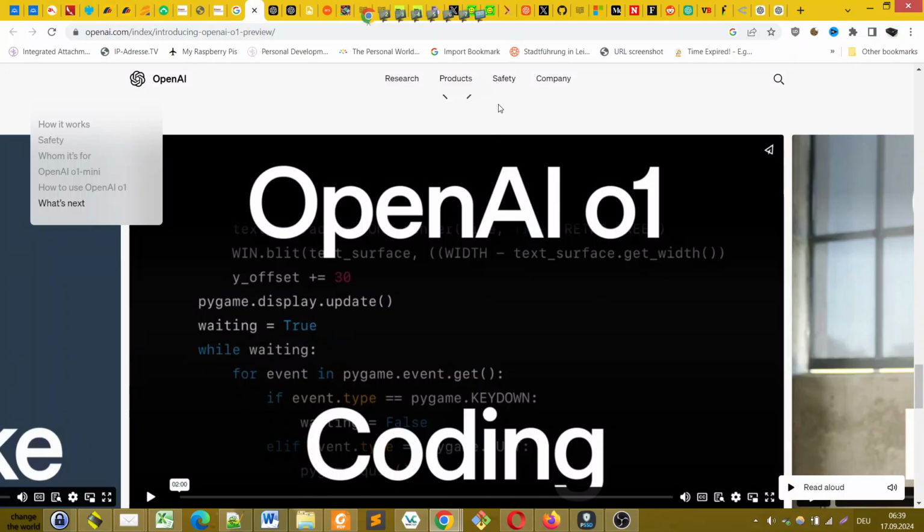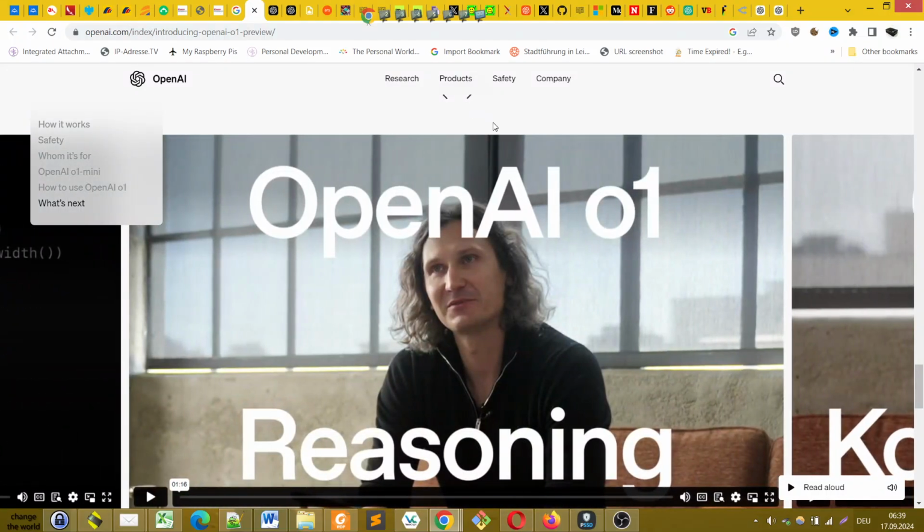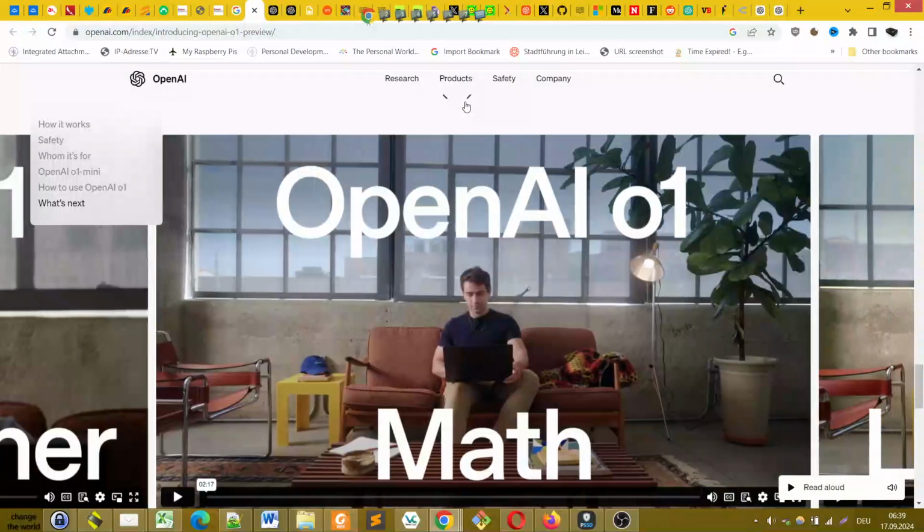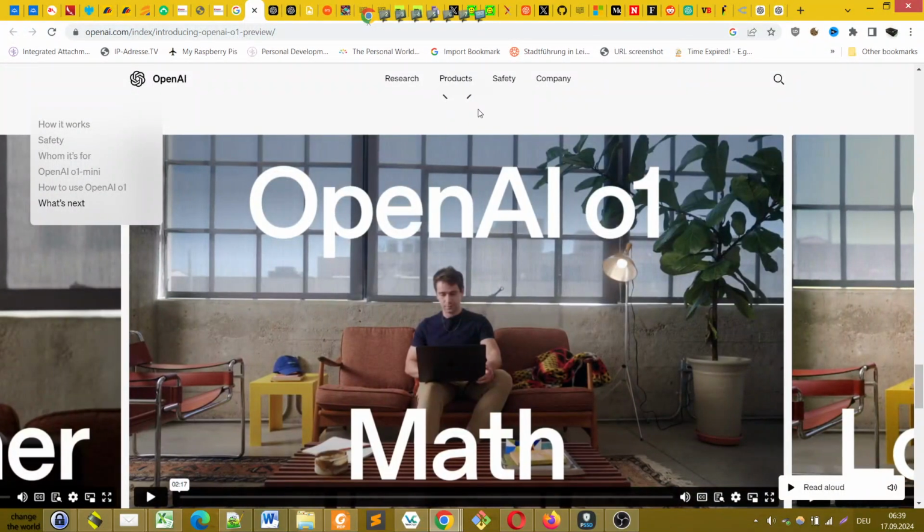Actually, there's a good example here, and I also like this video on Korean cipher, which shows that it goes much deeper. And there was, I think in this OpenAI math, an example of a princess and a prince, and you have to calculate, and I did that on my own. This was quite a challenging thing, and OpenAI o1 was able to solve that and create formulas.